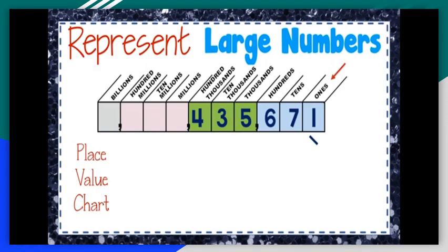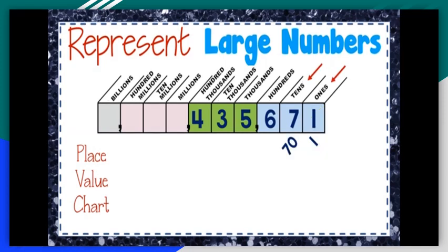So here I have represented a number in this place value chart. And now we will talk about places and their value. The 1 is in the ones place, and it has a value of 1. Now 7 is in the tens place, and it has a value of 70.